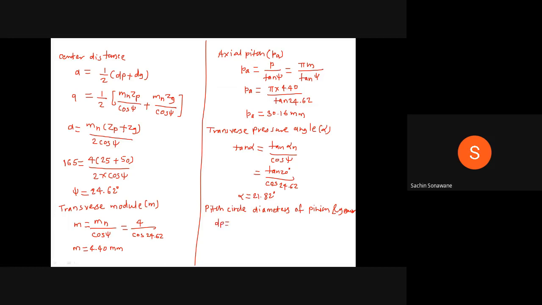Therefore, write down dp is equal to, what is the formula? Mn into zp divided by cos psi.